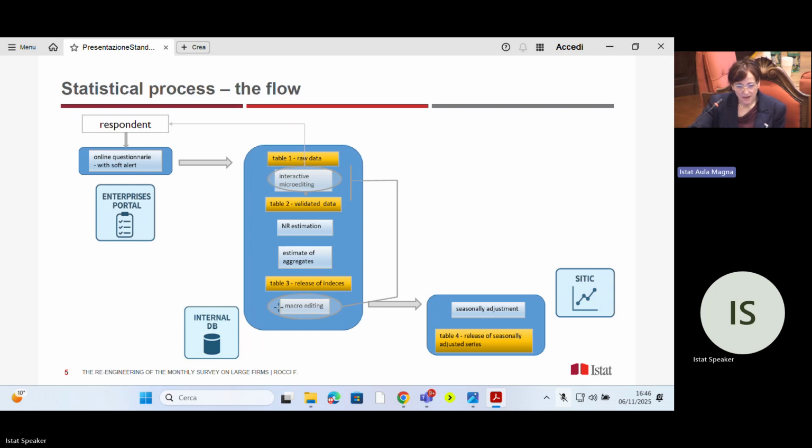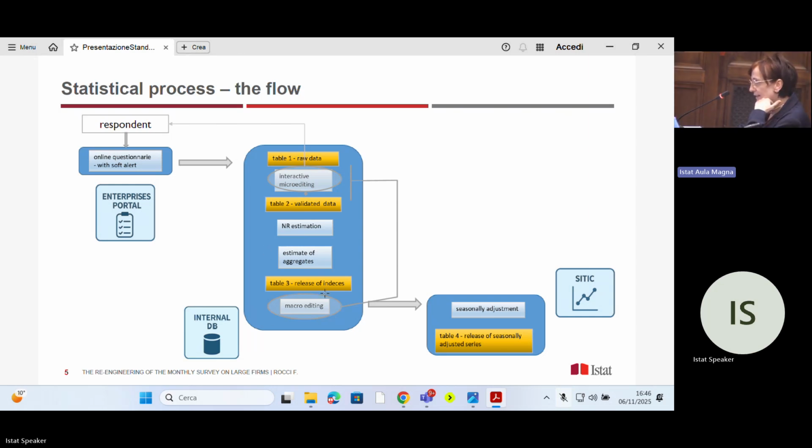We see this cycle from interactive macro editing, which was run by a group of thematic experts. They could validate data, or correct data, or recall the respondent to ask for explanation, in the case asking them to resend the questionnaire.